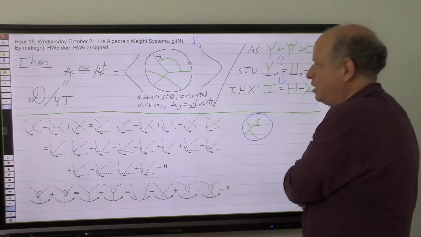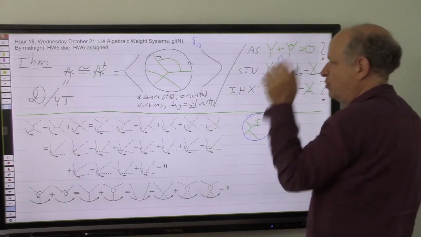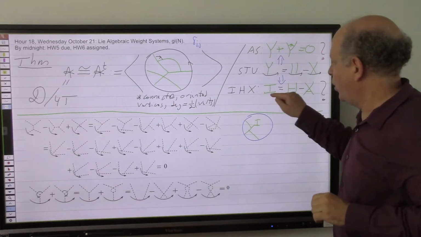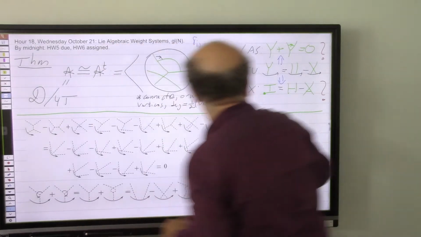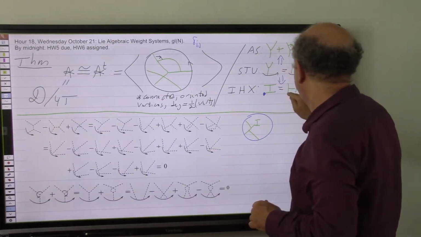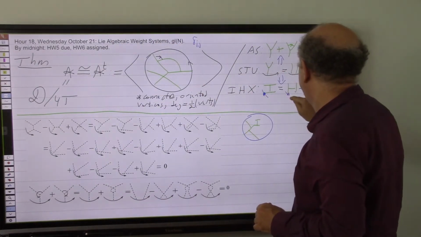So I really only need to prove the IHX relation in the case where one of the vertices, and I may as well pick it to be the lower left vertex, is actually on the skeleton.